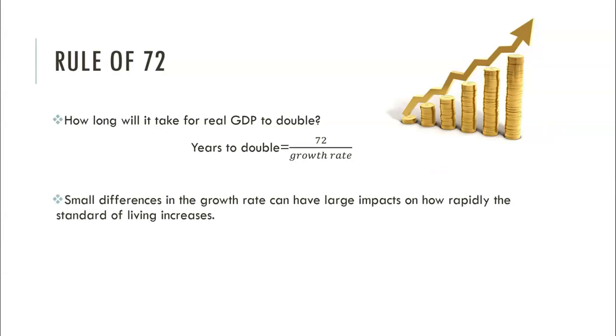Small differences in the growth rate can have very large impacts on how rapidly the standard of living increases. In this case, we're using real GDP as a measure of standard of living. Economies that have more real GDP are growing, and in general, we see that standard of living goes up in conjunction with real GDP.